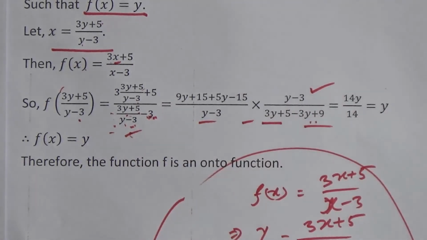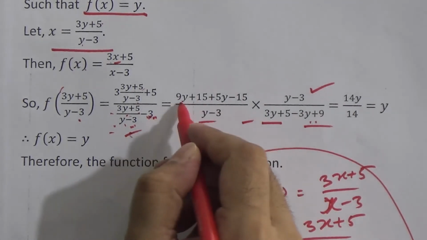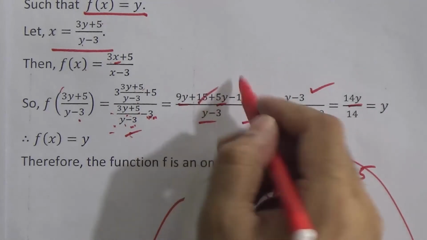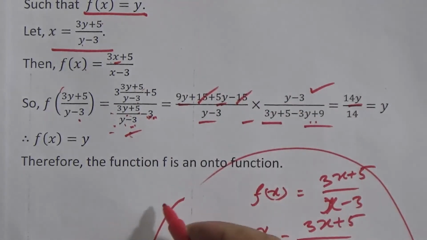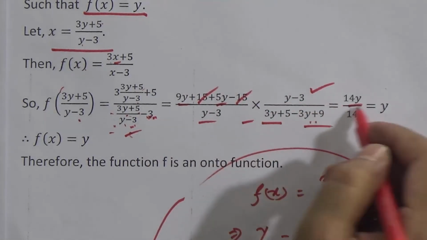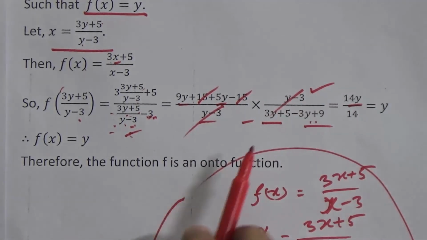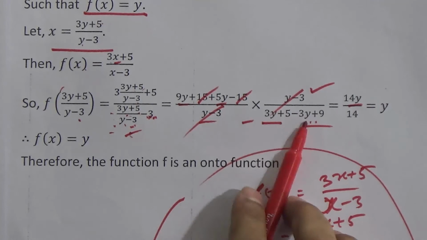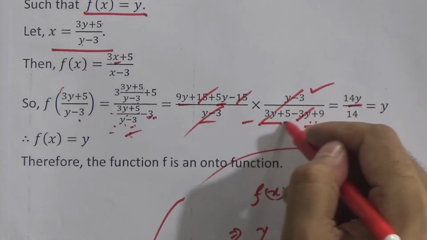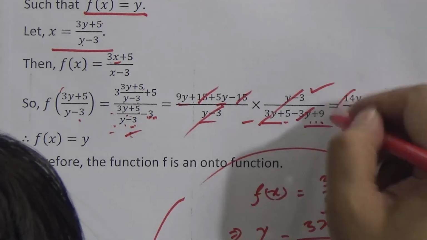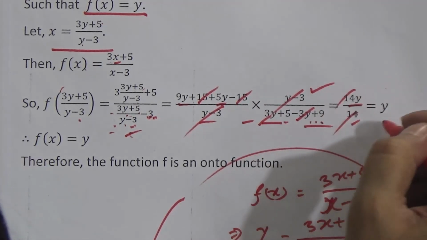So you can calculate: 9y positive and 5y positive, so the total will be 14y. Minus 15 and plus 15 vanish. The y minus 3 vanishes. 3y plus and 3y minus vanish. Here 5 and 9 are both positive, so the sum will be 14. Now we can cancel 14 and 14, and we will get only y.